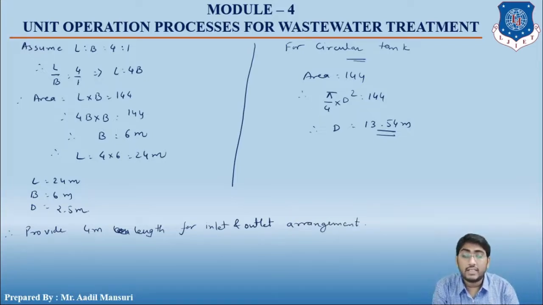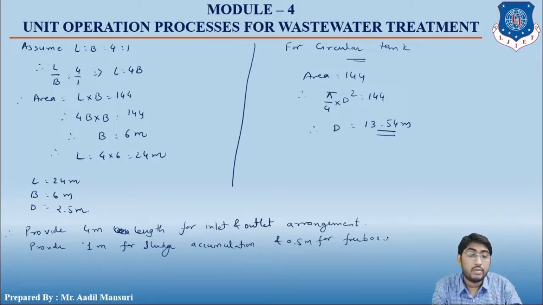Then what else do we need to provide? We need to provide depth for sludge accumulation and freeboard, right? So provide 1 meter for sludge accumulation and 0.5 meter for freeboard, right?